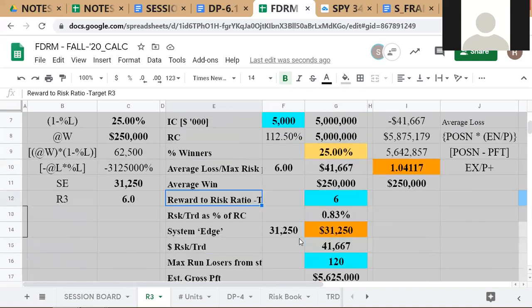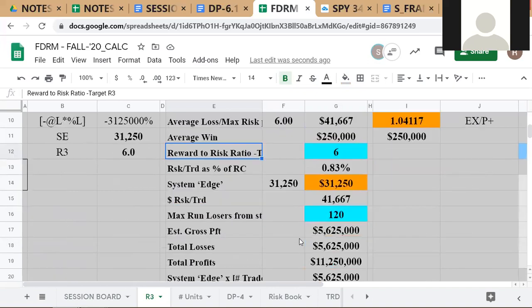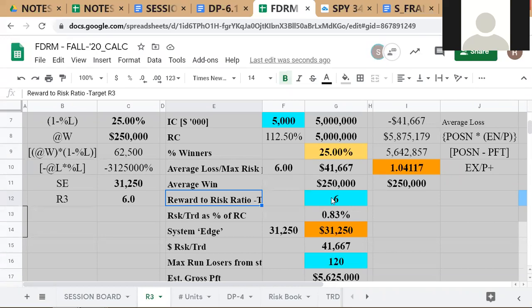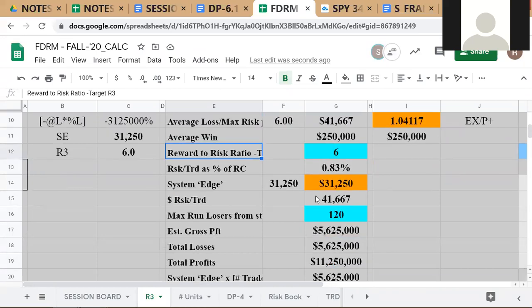And most people would look at this 25% win rate and say, this must be a useless system. That's not necessarily true, because the system has a very high R3, so it still has a reasonable system edge.